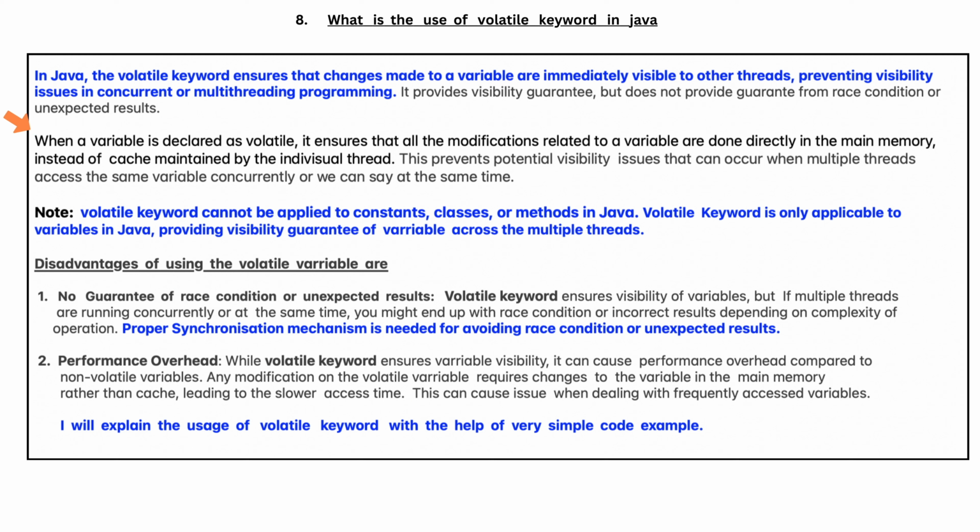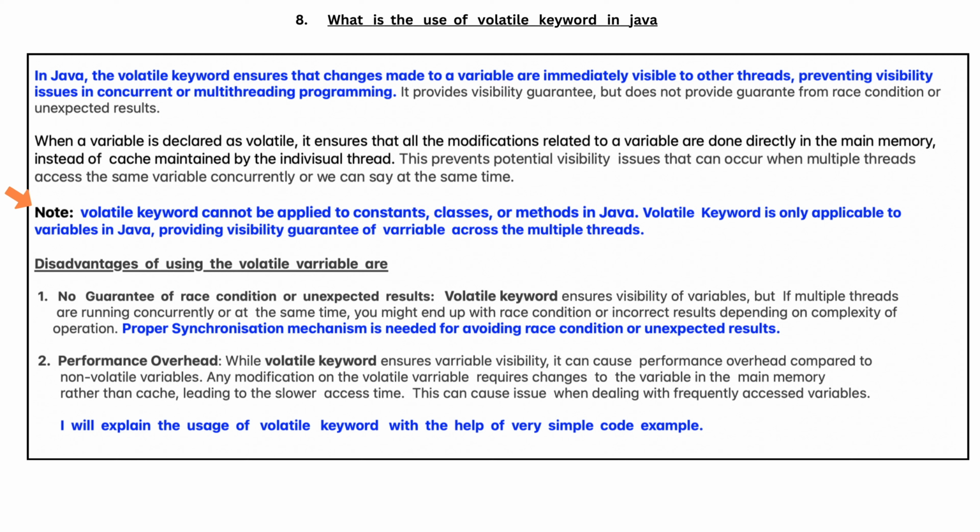When a variable is declared as volatile, it ensures that all the modifications related to a variable are done directly in the main memory instead of cache maintained by the individual thread. This prevents potential visibility issues that can occur when multiple threads access the same variable concurrently, or we can say at the same time.